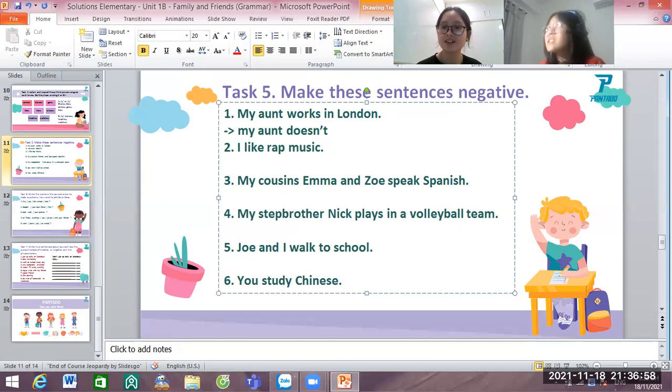So when we use do, does, doesn't, or don't, we don't need to change the form of the word. So doesn't work, not works. Okay? Remember? Yes. In London.